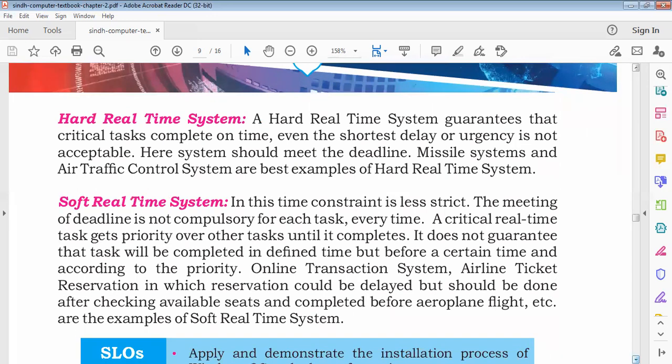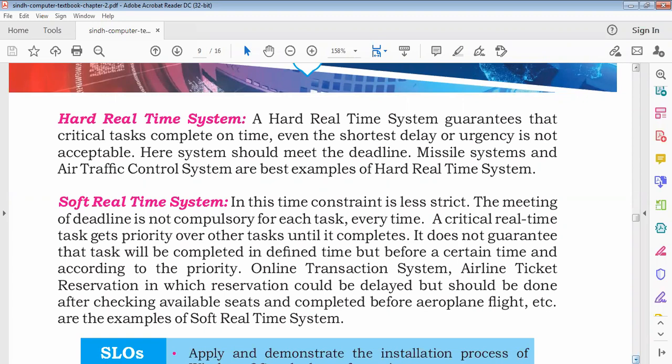Next we have the soft real time system. A soft real time system is also time bounded, but it is not that strict in terms of time constraint. Meeting the timing is not compulsory. It is not necessary that you meet the deadline of whatever task you are doing. It will give priority to your work, but you do not have to do it in a particular time.